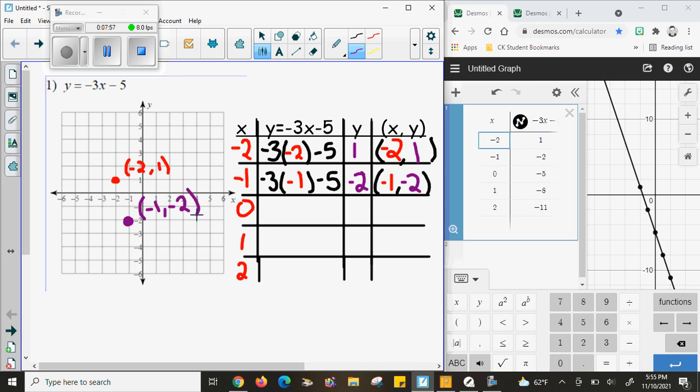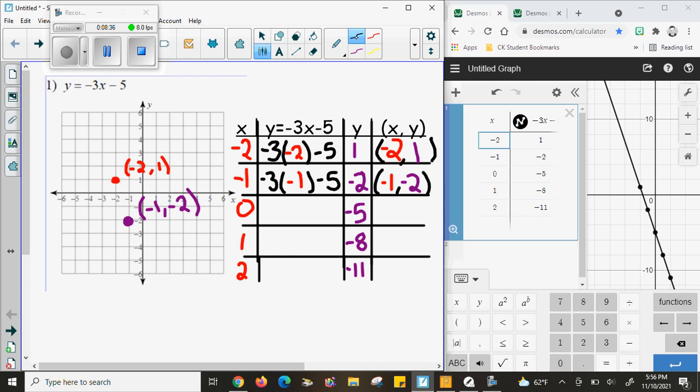Instead of going through and solving each of these by substituting in the x, I'm going to cut corners, and I'm going to finish copying from the table of values in Desmos. When x is 0, y is -5. When x is 1, then y is -8. And when x is 2, y is -11.